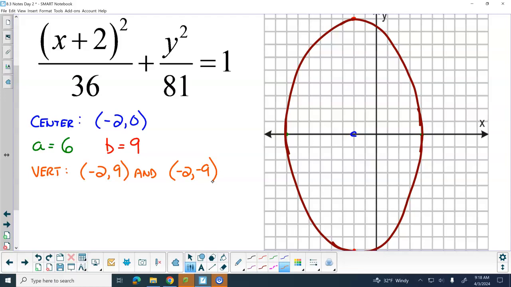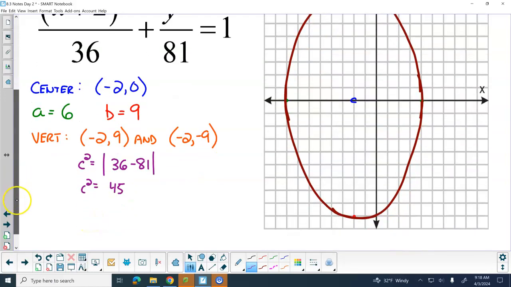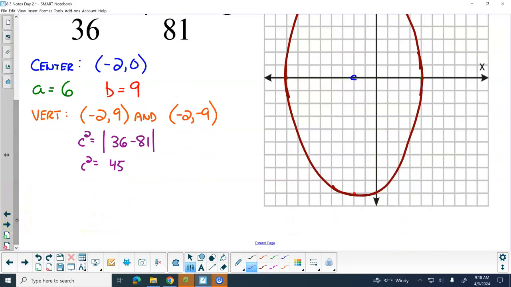Before we find the foci, we have to remember that c squared is going to be the absolute value of 36 minus 81. 36 minus 81 is 45. The absolute value of -45 is 45. So c squared is 45.